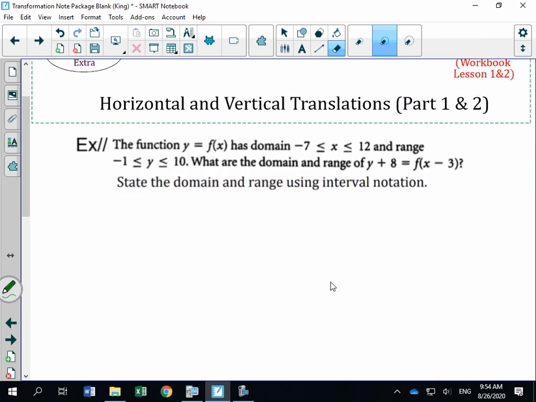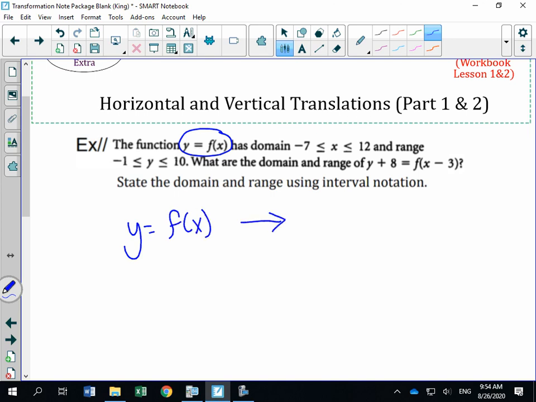Essentially, I'm going to give you a function y is equal to f of x, and then transform that function to y plus 8 is equal to f of x minus 3. If that's the original domain and range on the original function, after the transformations, what will the new domain and range be?